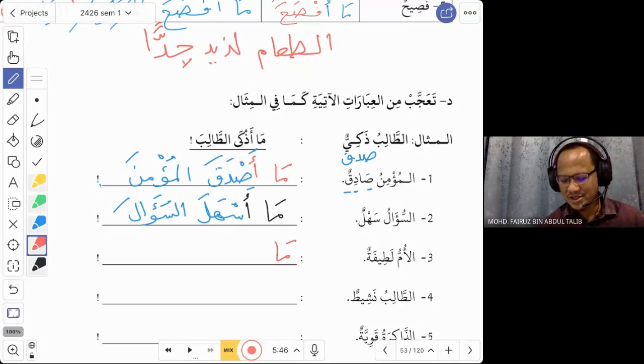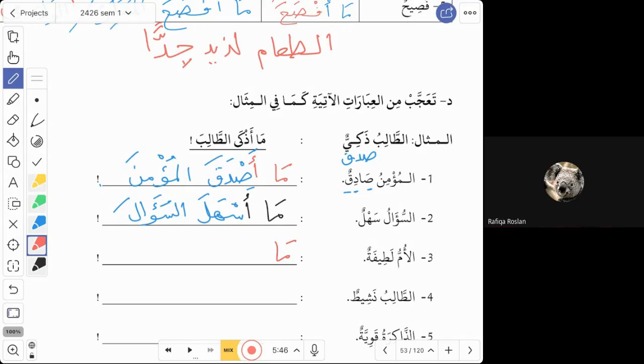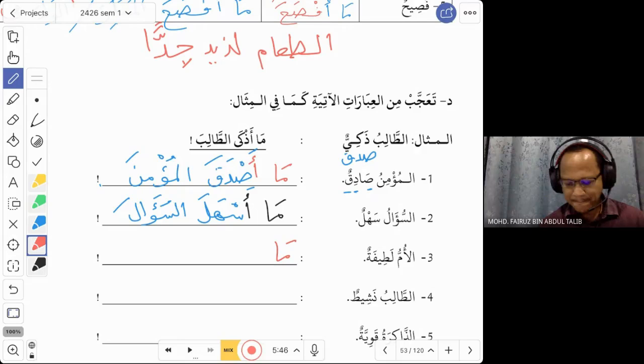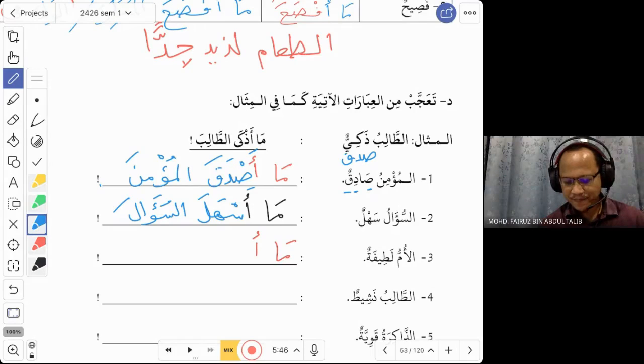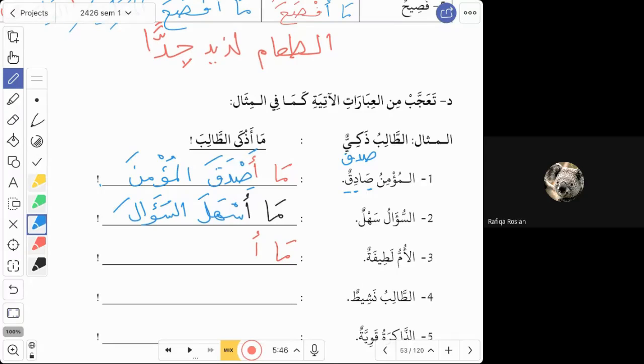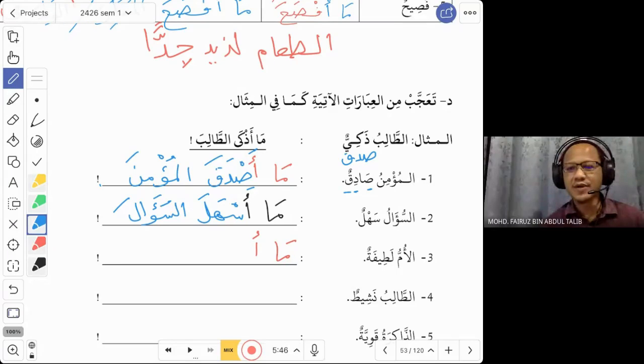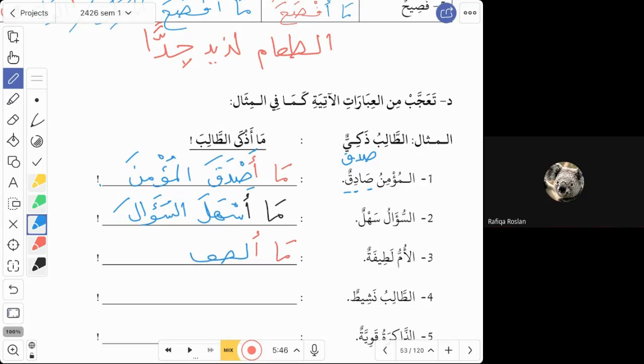What is the root word for lam, ta, fa? Latif. Ma altafa.